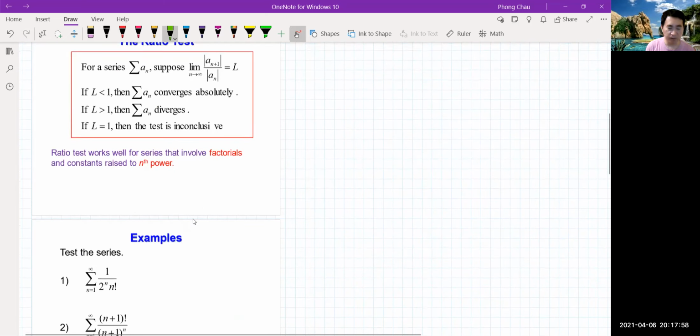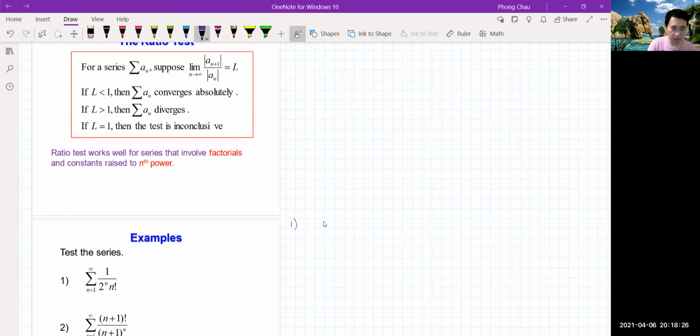So let's look at the first example here. Test this series: 1 over 2 to the n times n factorial. There's a factorial and an n power, and this makes the test very easy to use.